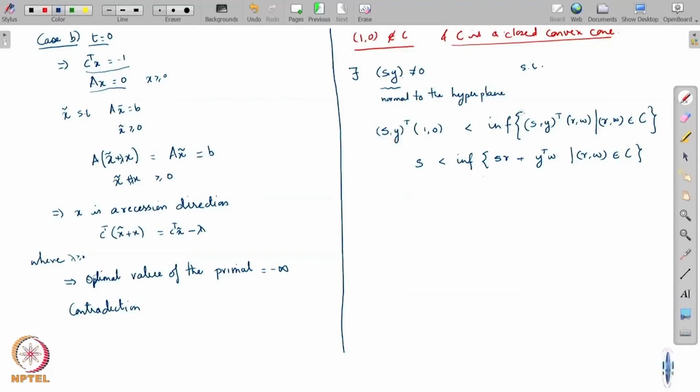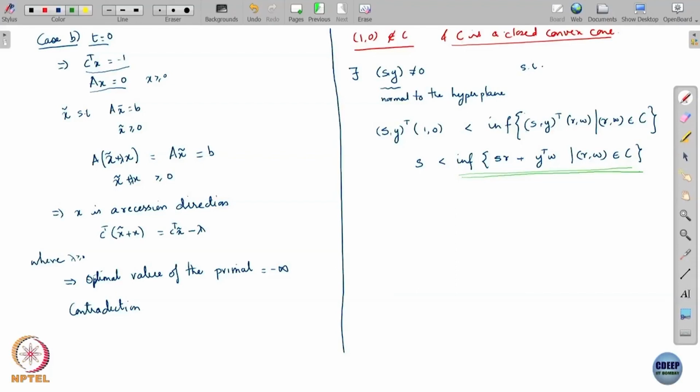All right. So, now tell me, what can you say about the infimum of s r plus y transpose w as (r, w) ranges over C? Remember, C is a closed convex cone.